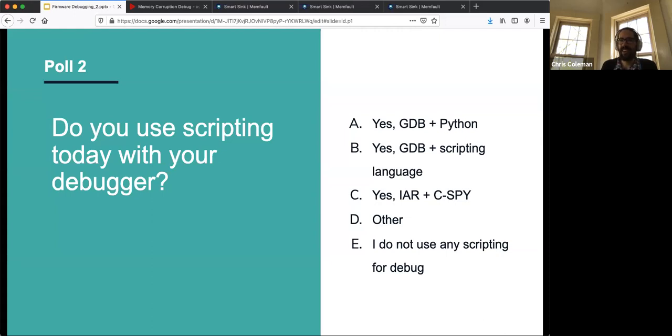All right, I'll give it a few more seconds. We'll take a look at the results here real quick. I can't tell you how much time scripting the process or analysis has saved me over the years. So I really think taking a day or taking a couple hours to get that in place will save you a lot of time.